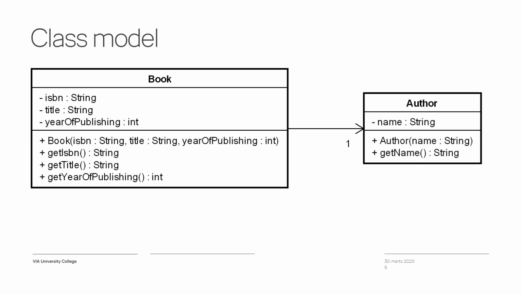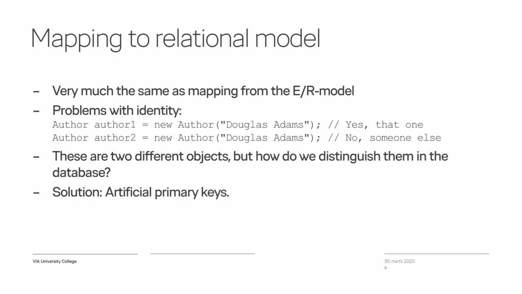The issue that I want to address here is, what if 2 authors have the same name? Because that happens. This is a real example. Author 1 and author 2. In Java, if I write these 2 lines, this will be 2 different objects with the same attributes.